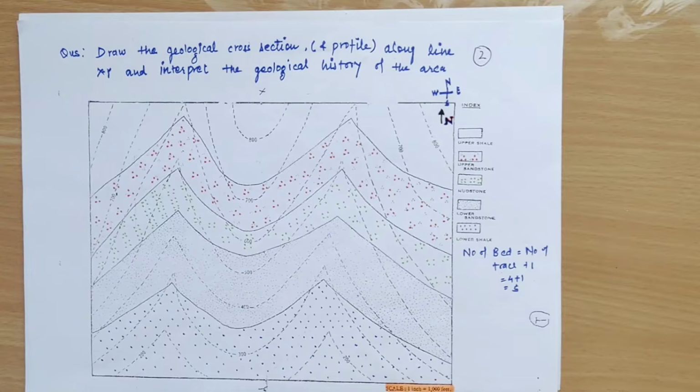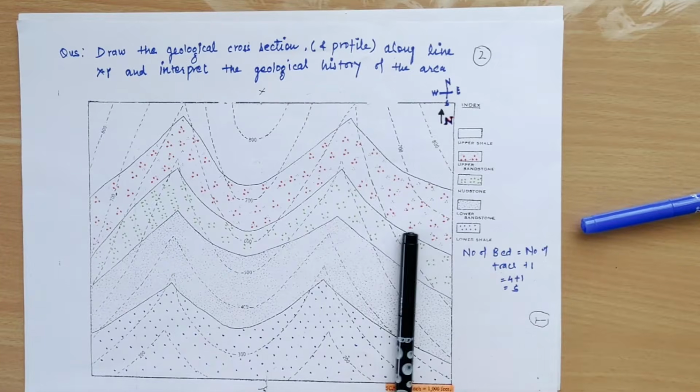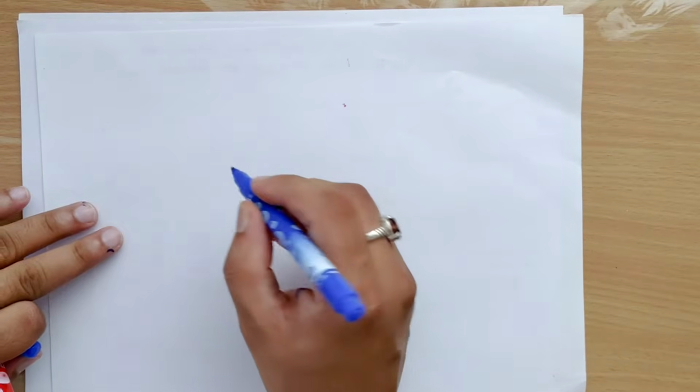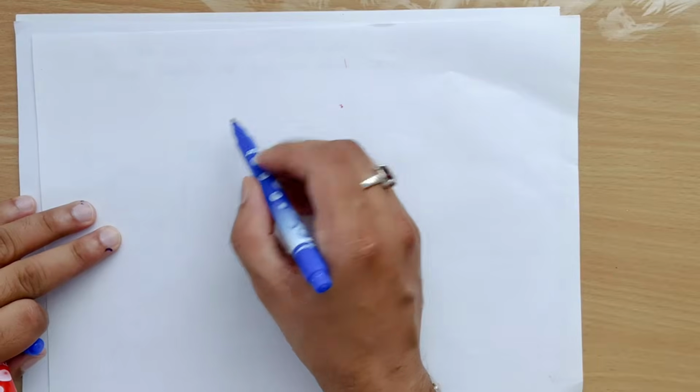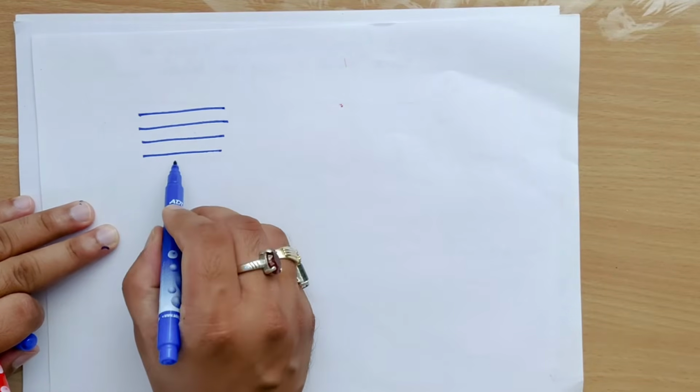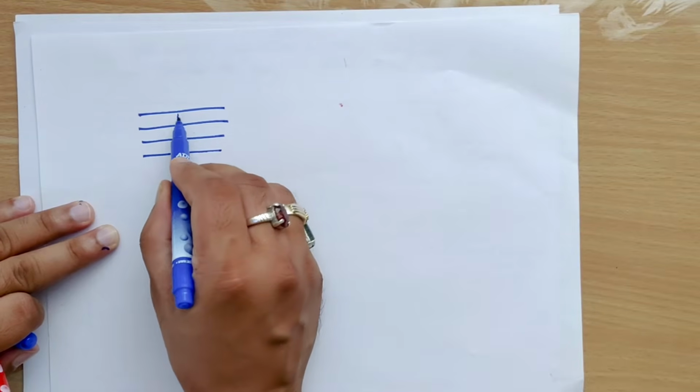Now which bed is younger and which bed is older? We have a rule in geological maps that in the direction of dip we get younger beds. For example, I am going to draw a simple cross section of the beds. If this is a horizontal bed, suppose there are 1, 2, 3, 4, 5 beds.